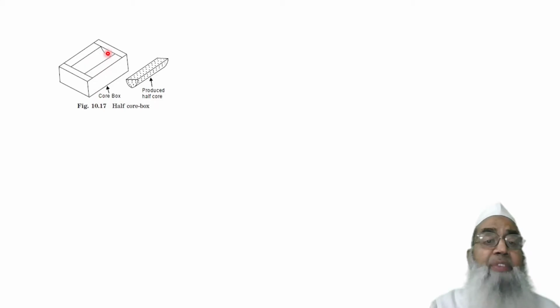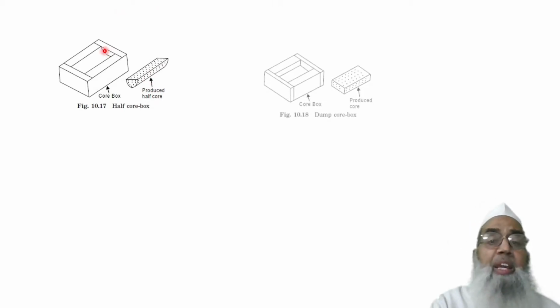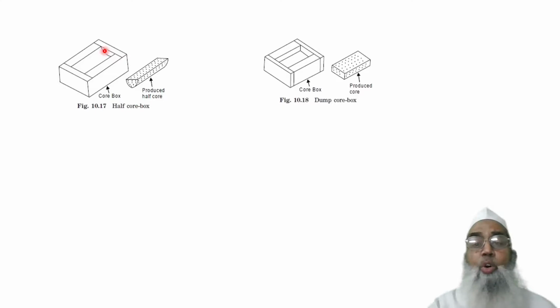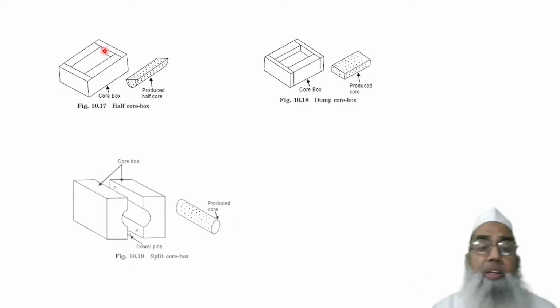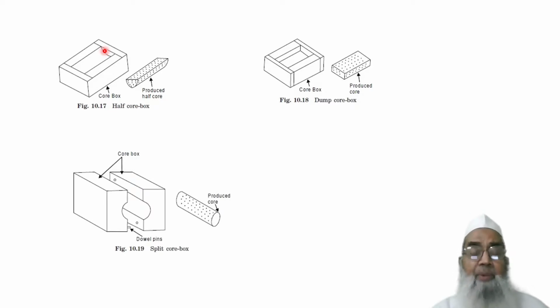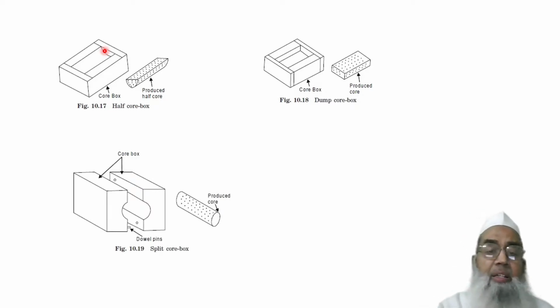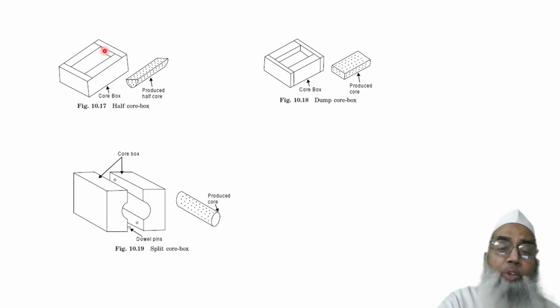We make half of the core and assemble them together to have the whole core, or it can be a dump core box, where the full core can be made in one box, or the split type. We pack them as we have seen earlier, and thus we have the core.